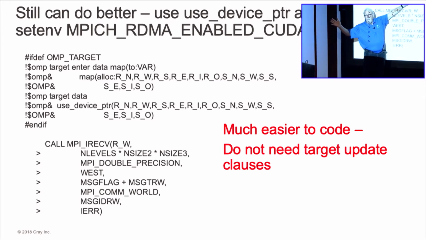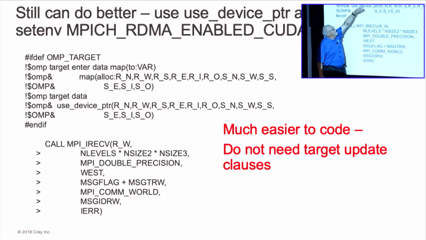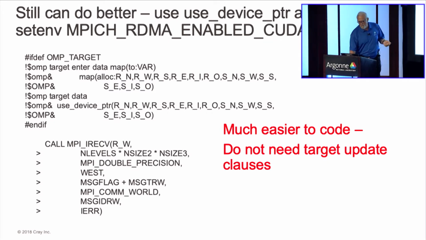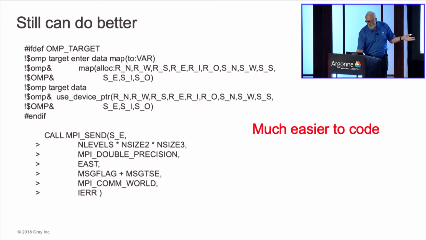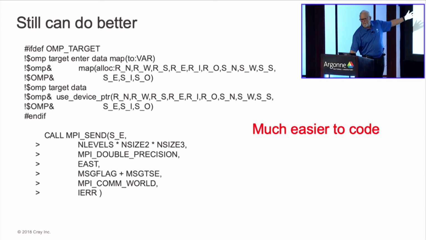This is an OpenMP offload directive. Now on our system, you have to also have an environment variable. It's much easier to code because you don't do any of the updates at all.